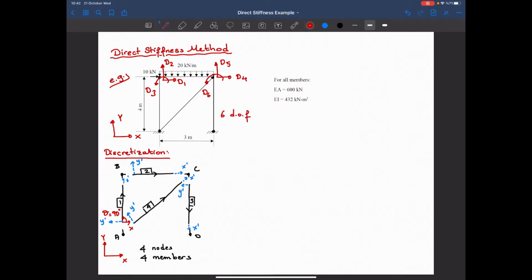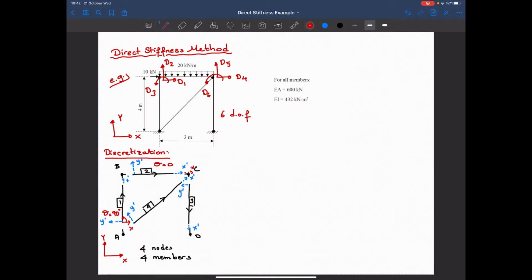So I go member by member and try to determine the global and local axes. For the second member, the global X and the local X are in the same direction, so the rotation angle is equal to 0. So theta for this one is equal to 0.